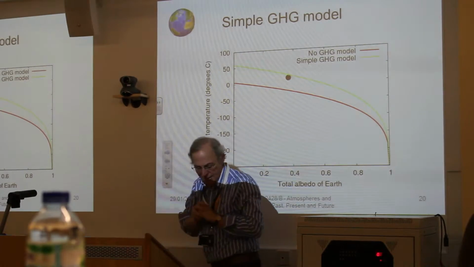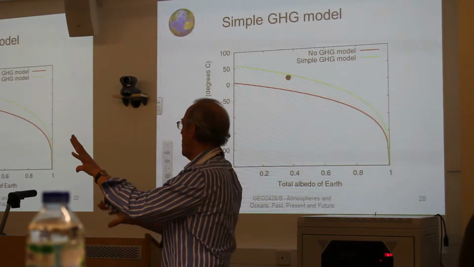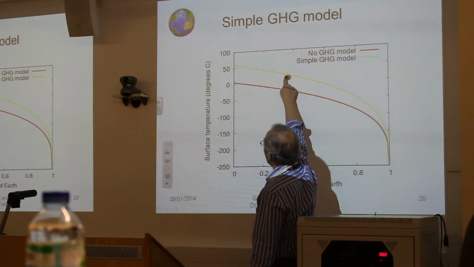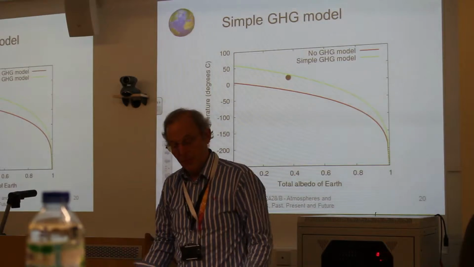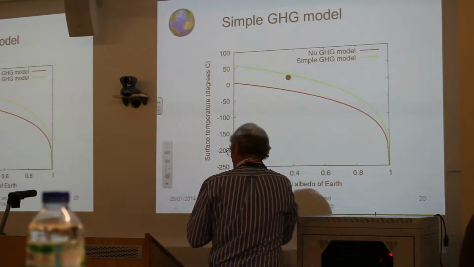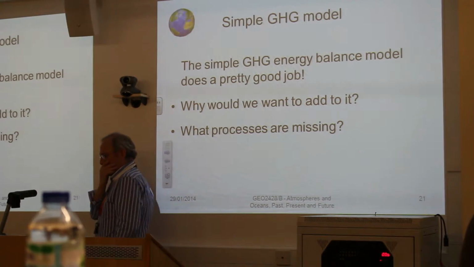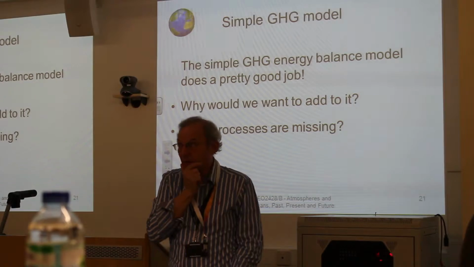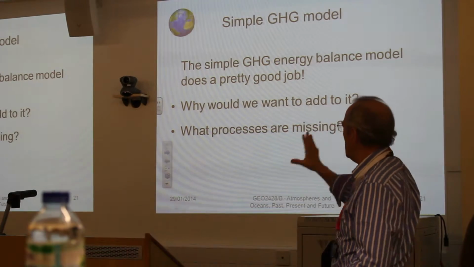The idea behind models is that you effectively add bits and bits and bits to try and improve the prediction, or the projection, from the model to the reality of what you observe. Now that's what all modelling is about. So our energy balance greenhouse gas model is really very good. It's not totally good, it's somewhere thereabouts.